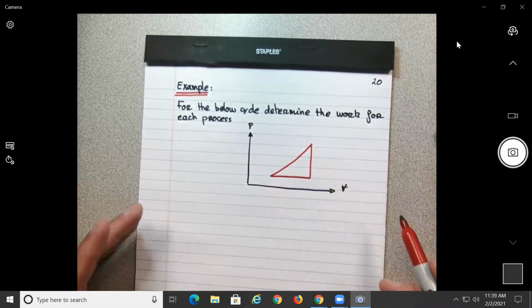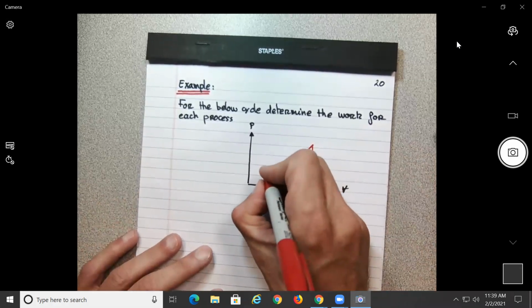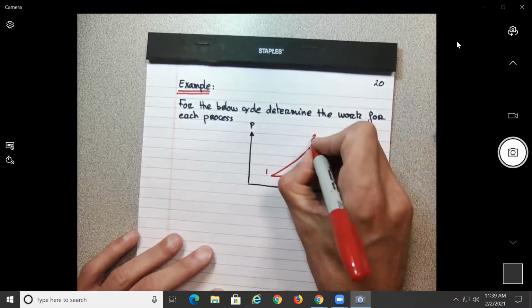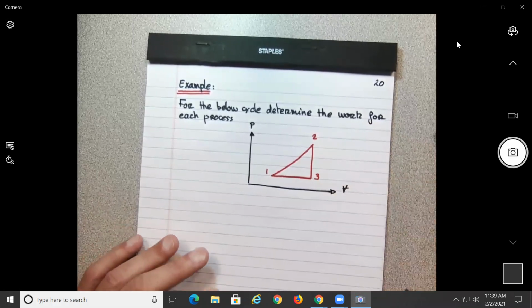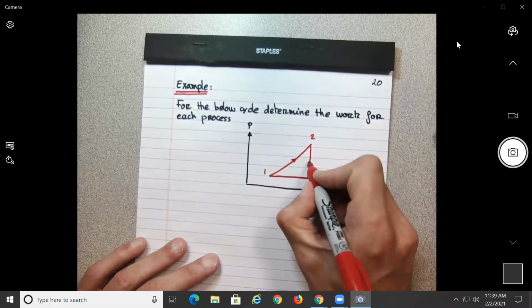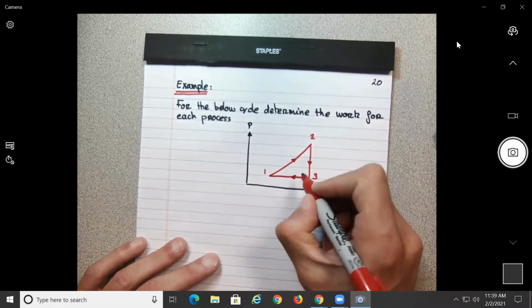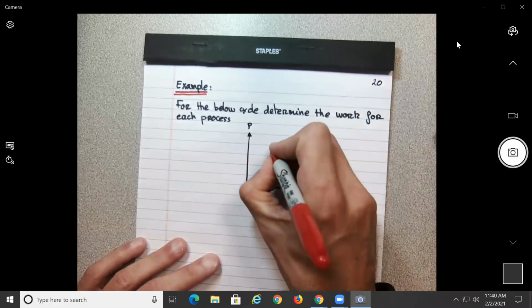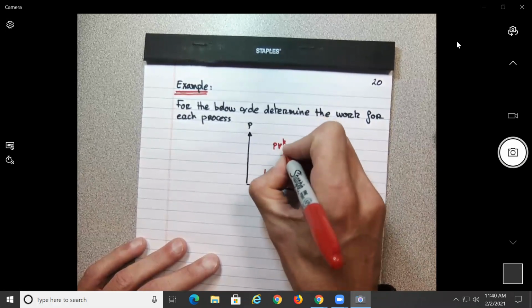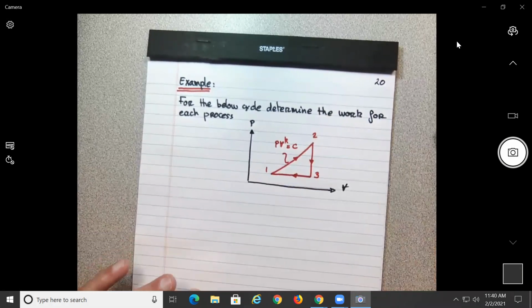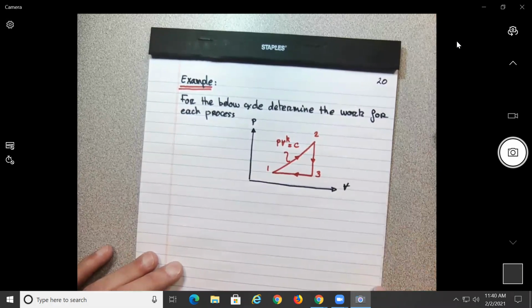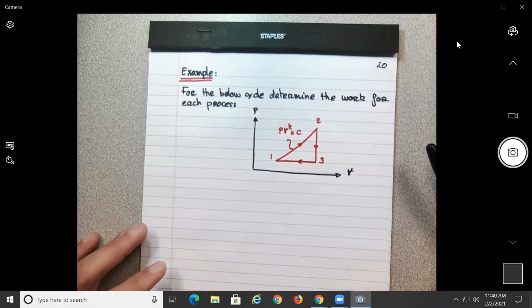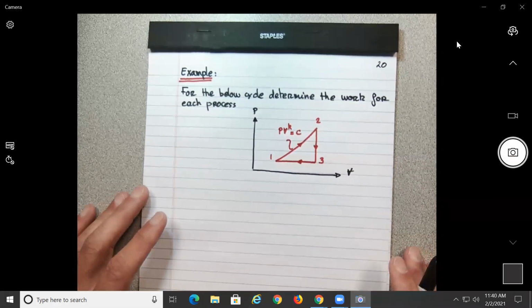You want to go clockwise, counterclockwise? Let's do 1, 2, 3, okay? Doesn't matter. Okay, so this is just a direct application of what we just did.